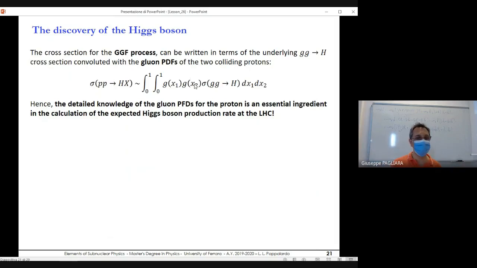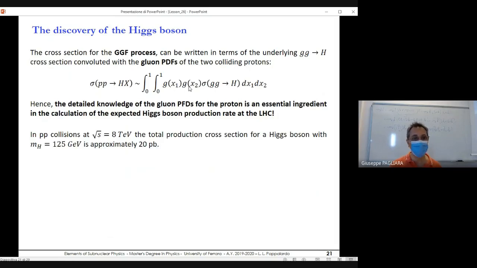So essentially, this cross-section is a convolution of the elementary gluon-gluon fusion into Higgs times the parton distribution function of the gluon in the first proton times the parton distribution function of the gluon in the second proton, because this tells you the probability to find the proper gluons to have the Higgs at the end. So knowing and measuring the gluon PDFs is crucial not only by itself but also for measuring the production cross-section for the Higgs.